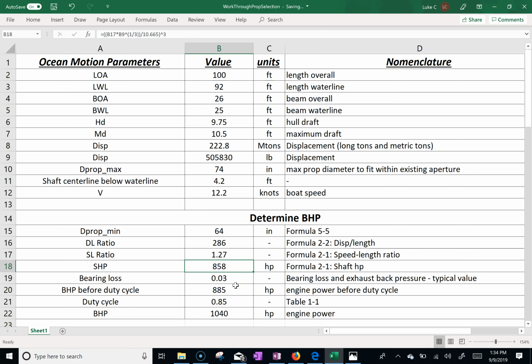Okay, and then SHP, which is the next line. I'm pretty sure I gave you that. That is rearranged from the shaft HP, which I'll give you this way, you can just say rearranged. They use this SL ratio, and there should be a 10 point something in there, right?